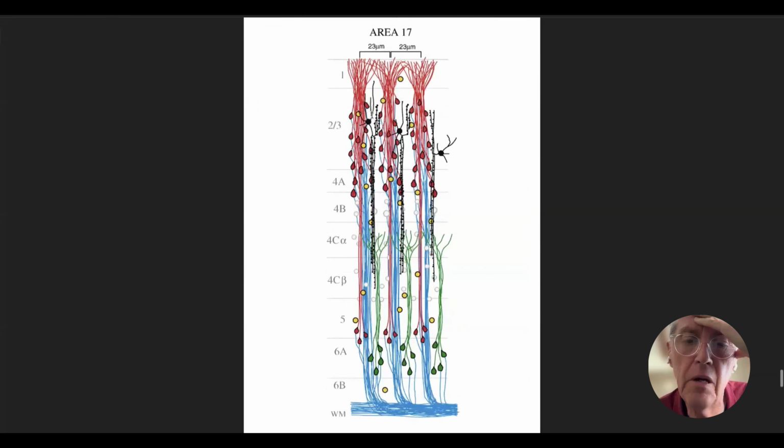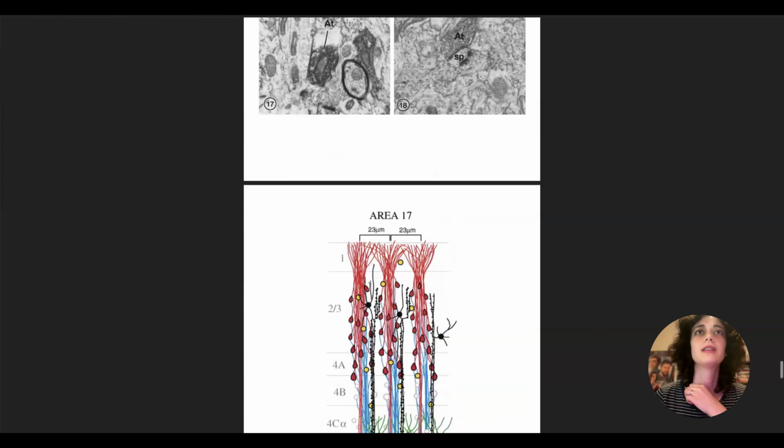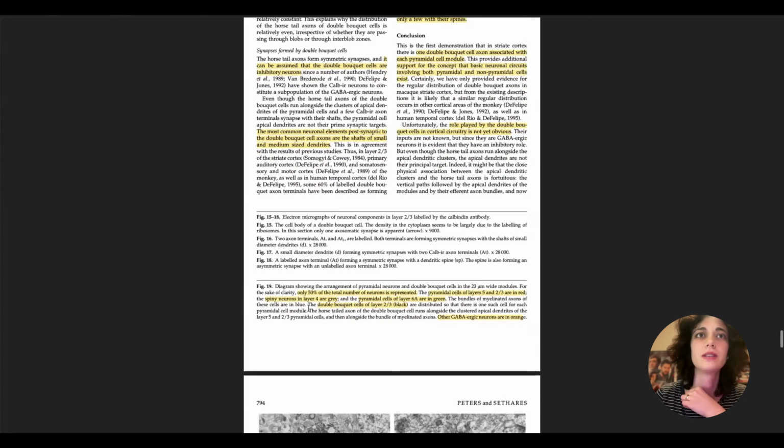What about the other double bouquet cells? They don't talk about the other ones. Well, they say double bouquet cells of layer 2, 3 are distributed so that there's one such cell for each pyramidal cell module. The horse-tailed axon of the double bouquet cell runs alongside the clustered apical dendrites of the layer 5 and 2, 3 pyramidal cells.